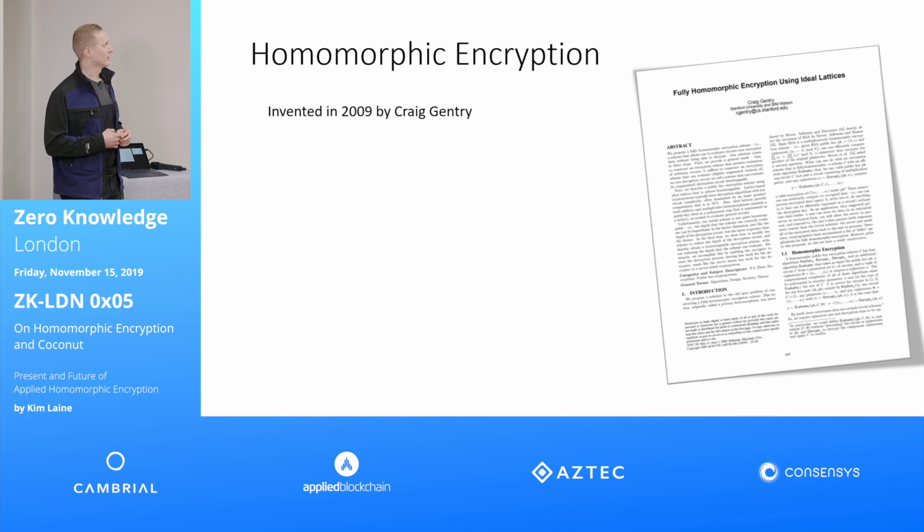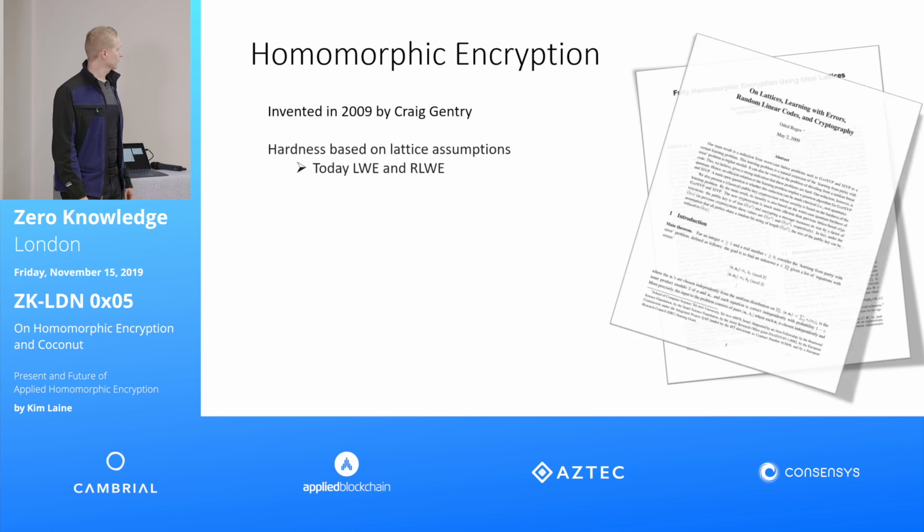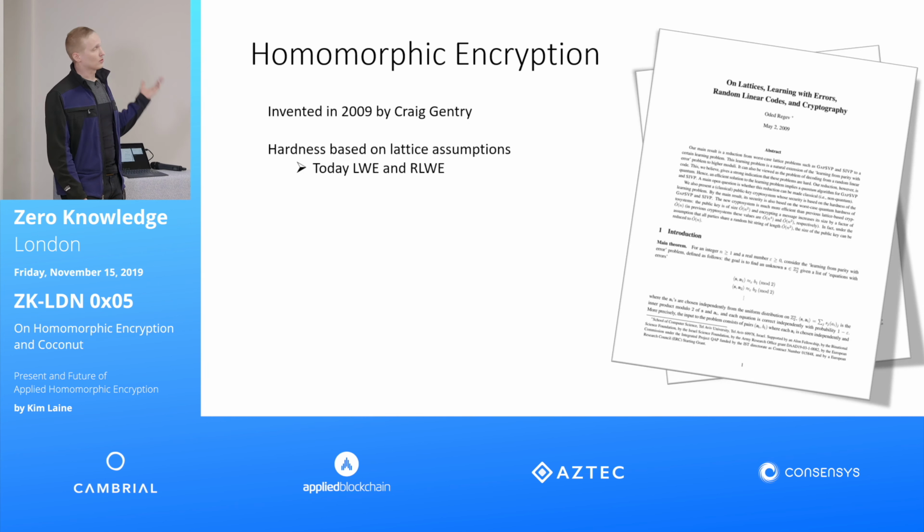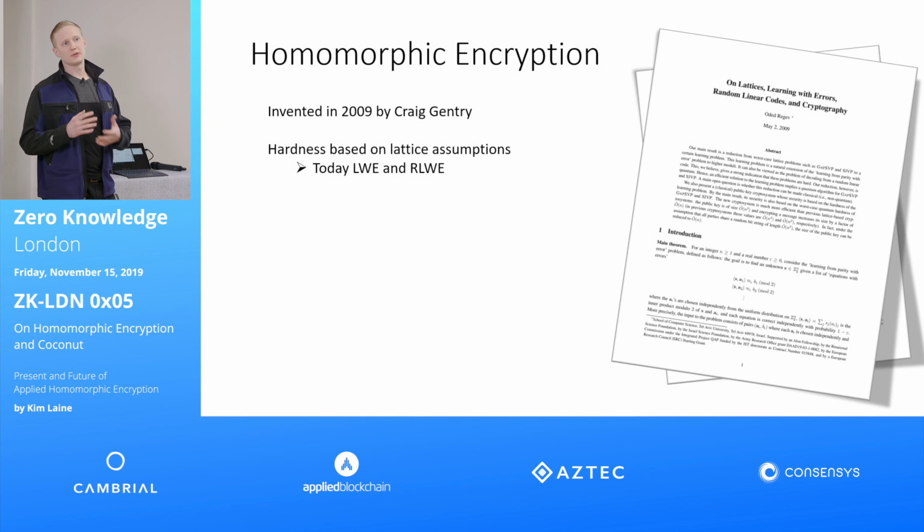He had this really revolutionary paper that created the first such scheme. Normally when you take AES encrypted data, there's no way you can compute on that because it's totally garbled. This is also totally garbled, but it's garbled with some mathematical structure.